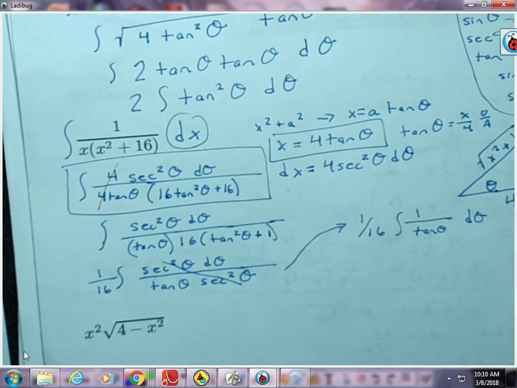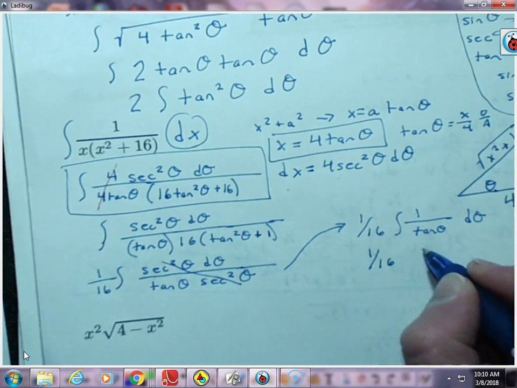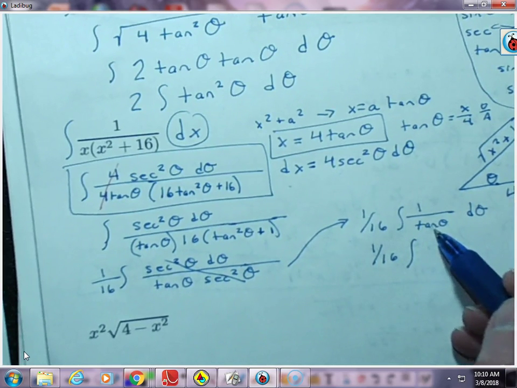I think ln could be useful, but why? Because what's the derivative of tangent? Secant squared. You don't have your du. What do we sometimes do to tan? Sine over cosine. So if it's 1 over tan, what would it be?